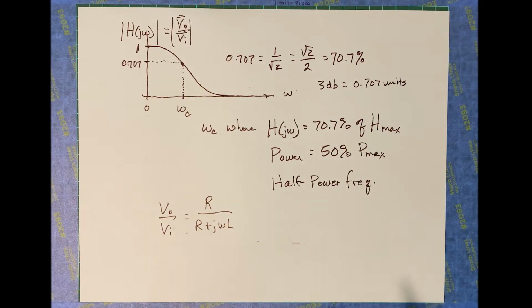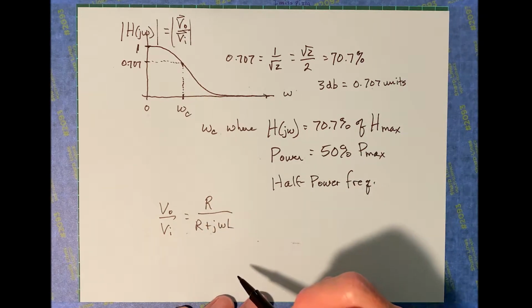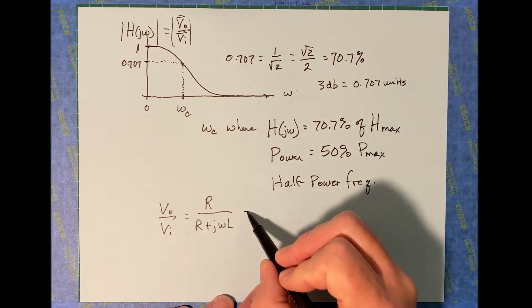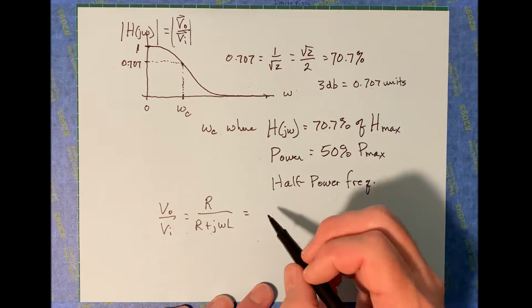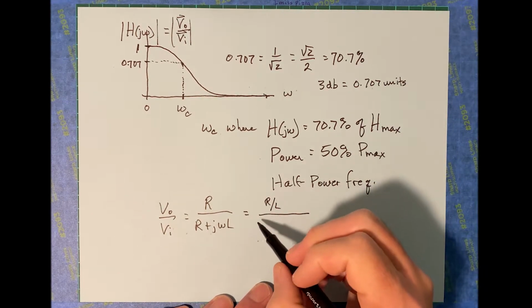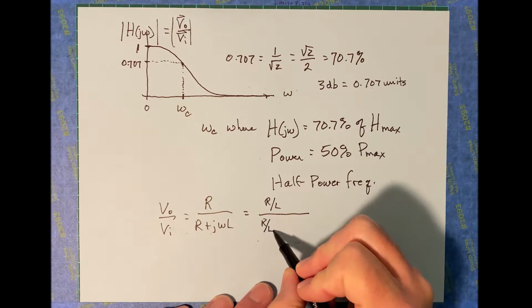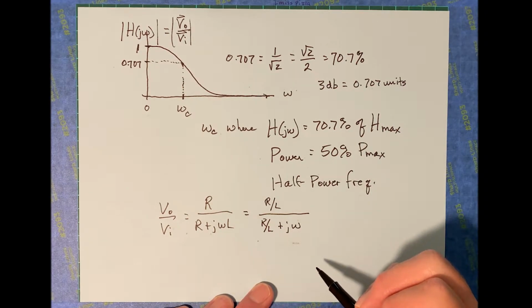You usually want to write it in terms of tau, which is the time constant. And let's do a little bit of rearranging here. First of all, I'm going to divide the top and bottom by L. And when I do that, I've got R over L divided by R over L plus j omega, like that.